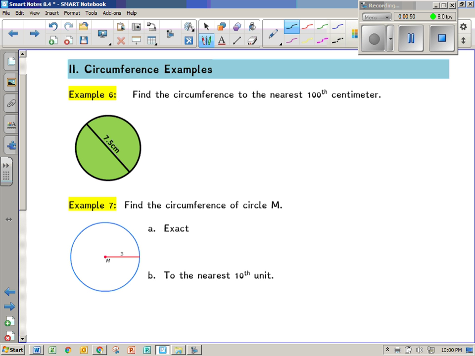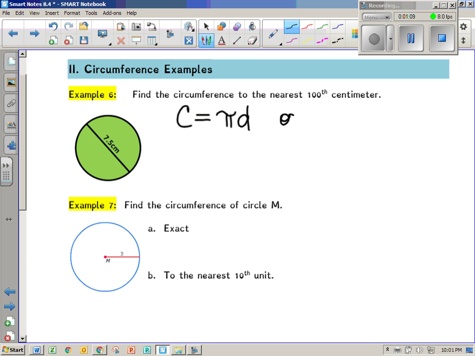That's because we're going to be using an approximation for pi, capital C for circumference, pi, which is approximately 3.14, which we learned about on Pi Day, and it's times the diameter, d.